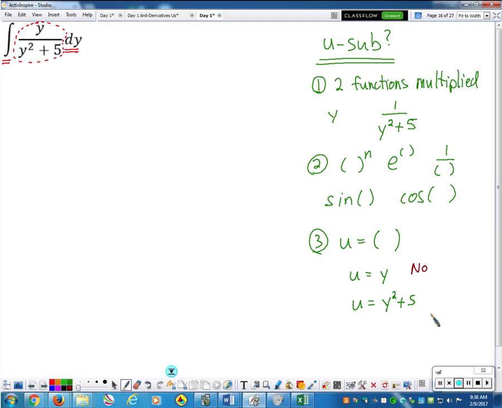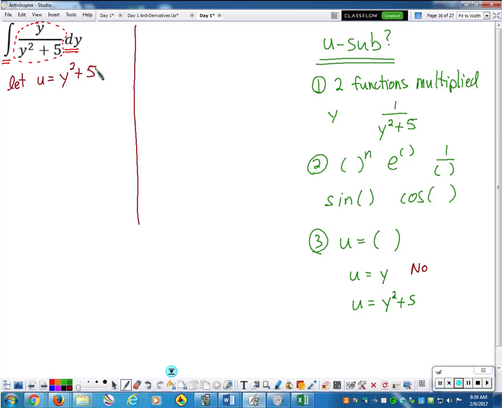So go back over here. You draw a line to divide the two halves of the process here. And we simply say let u equal y squared plus 5. Questions?